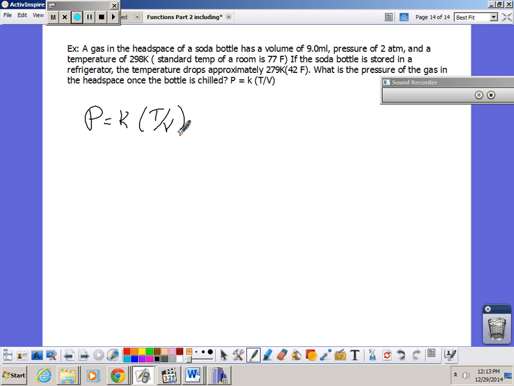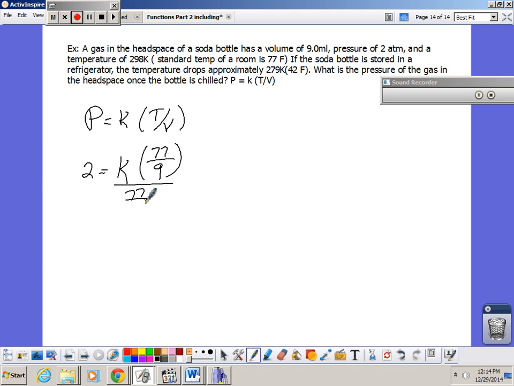So let's start with what we start with. Okay, the volume was 9. The pressure was 2. We didn't know K. And the temperature, we either have to go 77 or 42. Okay, so I'm going to use 77 because that makes more sense to me.